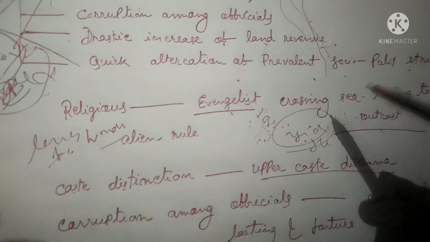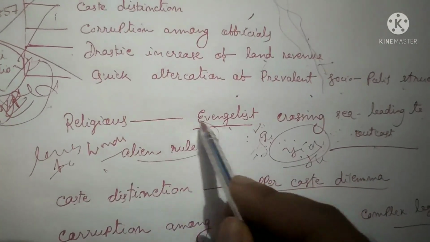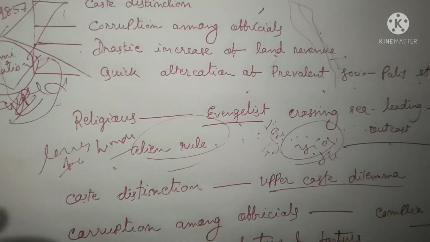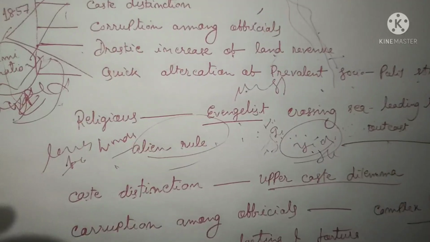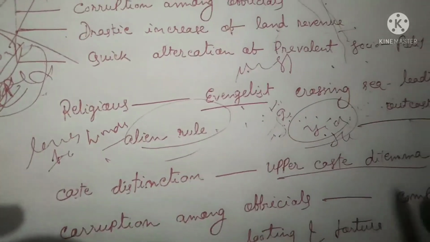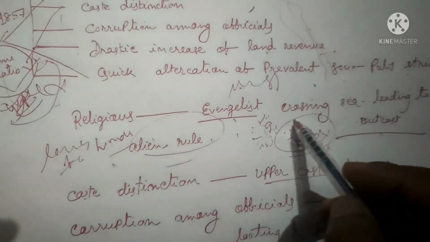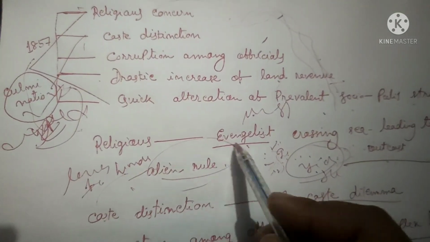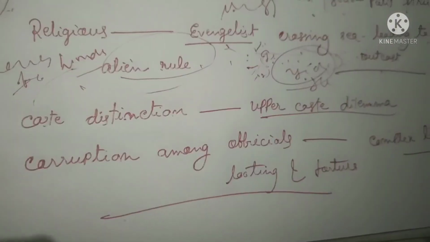This spread hatred among the soldiers. Above all, there was the alien nature of British rule: under British rule, people felt a kind of strangeness. All these religious factors contributed to hatred among the people.